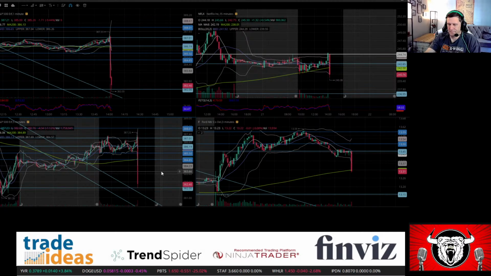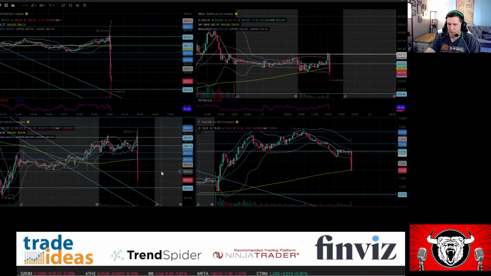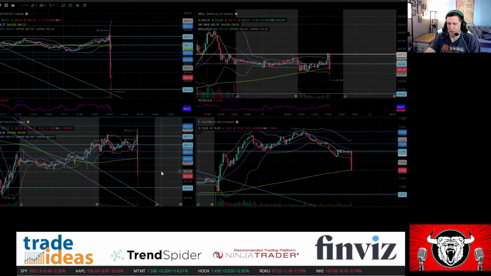And I went out and bought, I spent $14. Nice. So I still got a 4 lot of $13 Ford puts that expire this Friday open, and they're in profit right now, so I'm running with those. There you go.